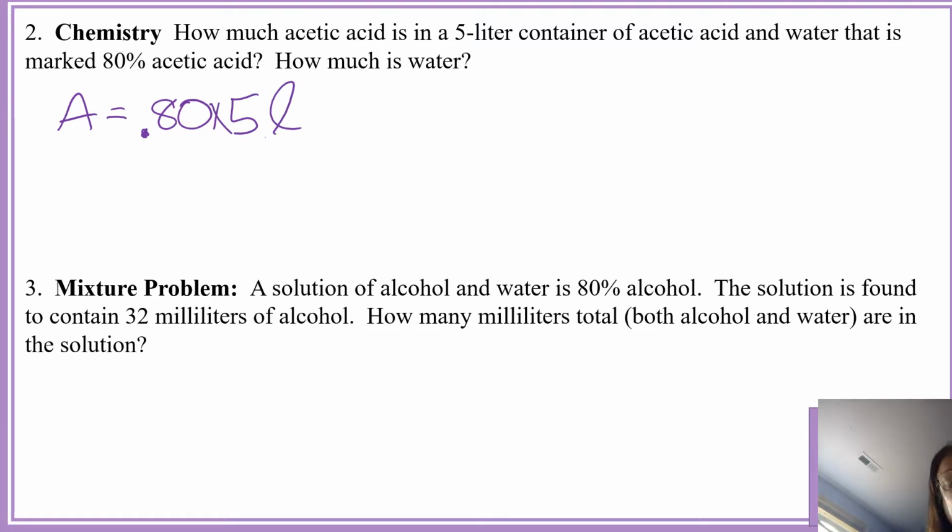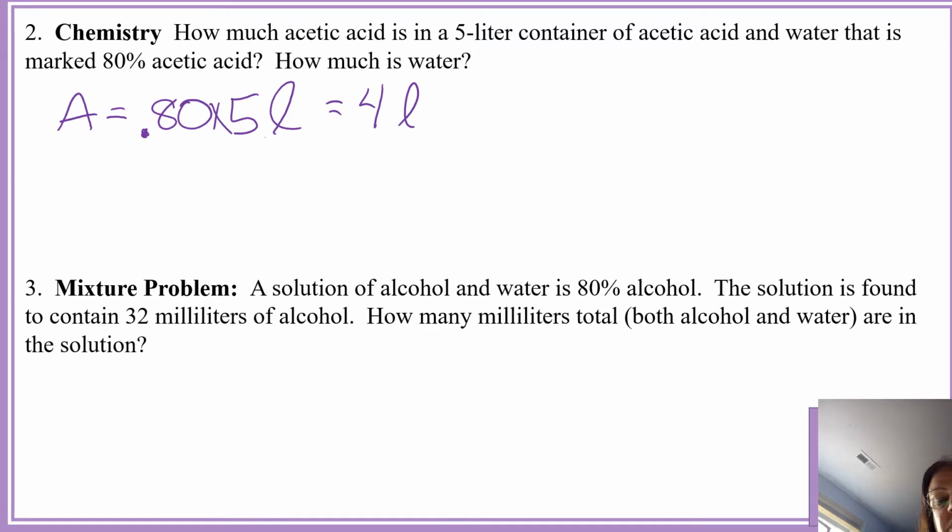I apologize. So A is 80% of 5 liters. In our calculators, we're going to multiply 0.8 times 5. And we get 4. So we have 4 liters, because 4 is 80% of 5.